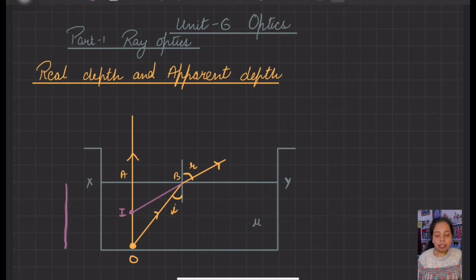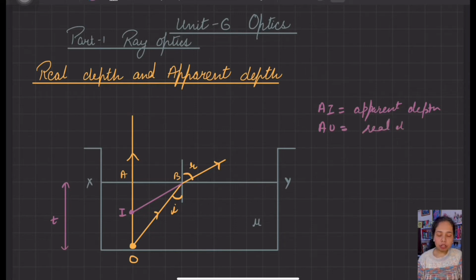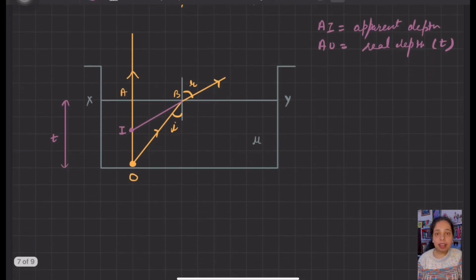Now let us say that the real depth of this liquid is marked as T. AI is the position of the image. As the object is appearing to be at point I, therefore AI is the apparent depth, or the appearing depth, which is not an actual depth, but AO is the real depth, that is the actual depth, which is marked as T.